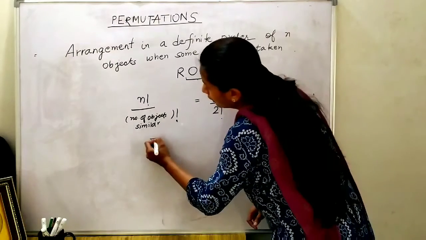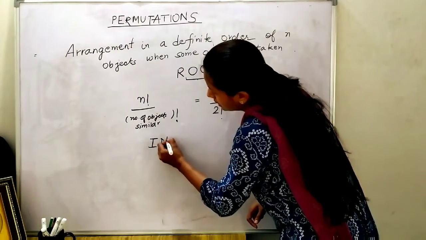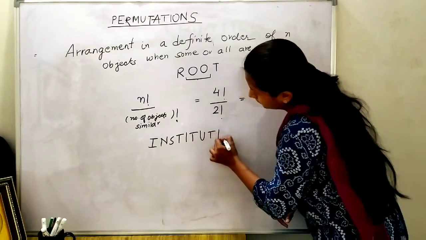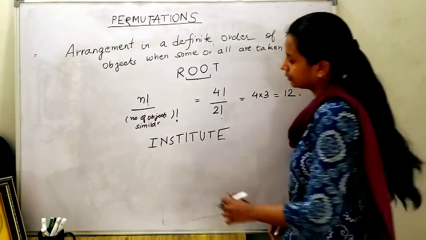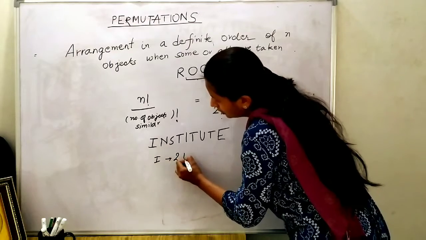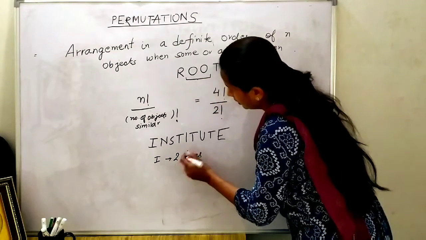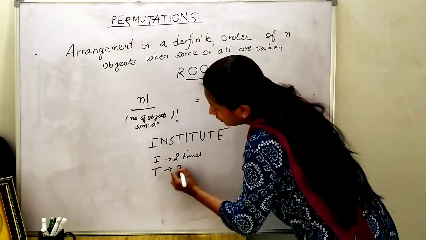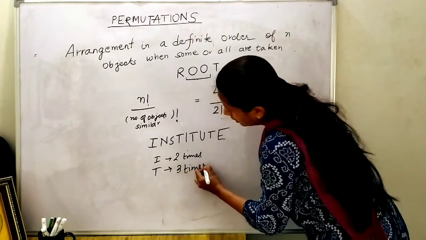Okay. For a word like institute, right, we have I occurring 2 times, T occurring 3 times, right?